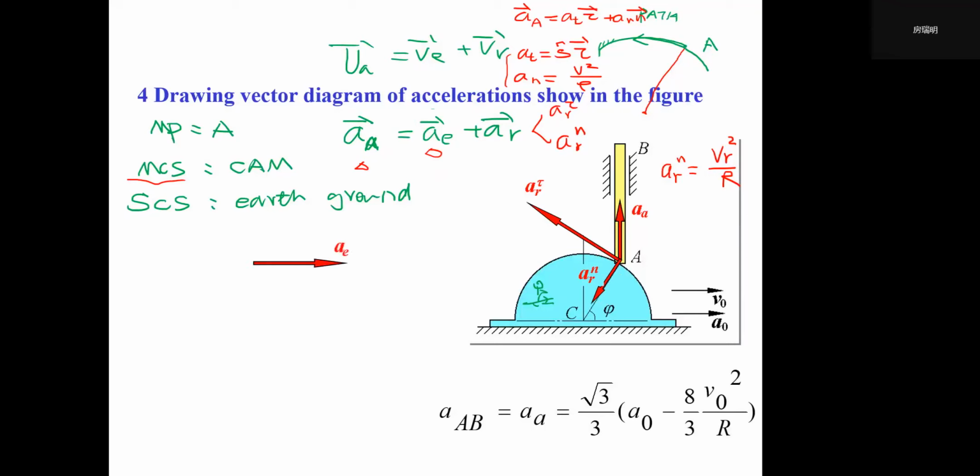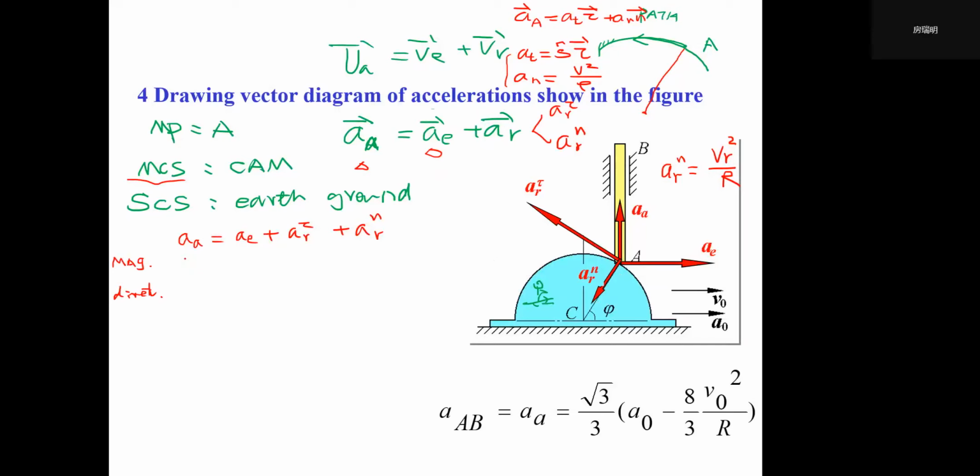So we give it like this: this is AE, this is AE. So I can rewrite it here: our AA equal AE plus AR tau plus ARN. So we will think about its magnitude and its direction.